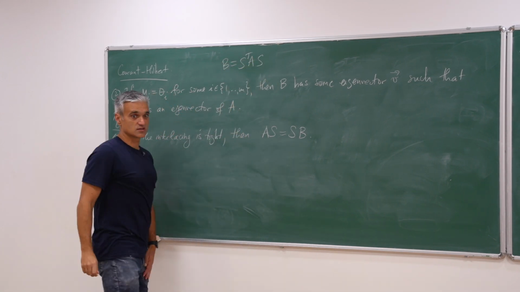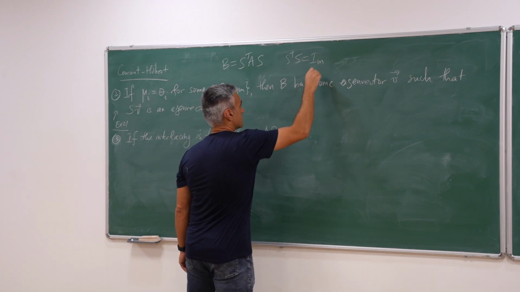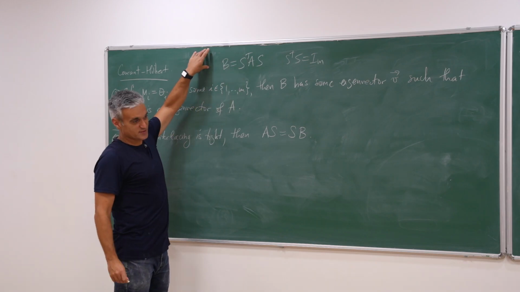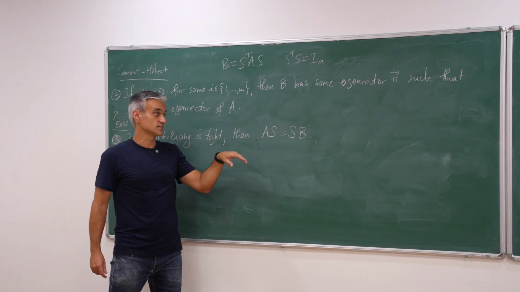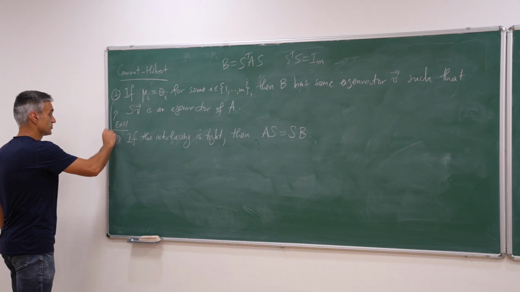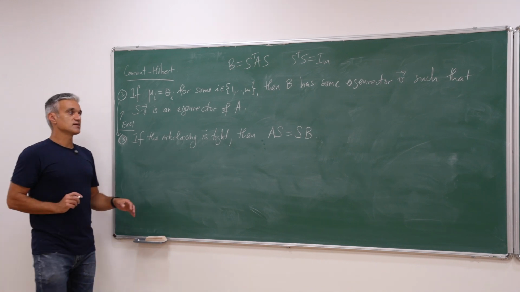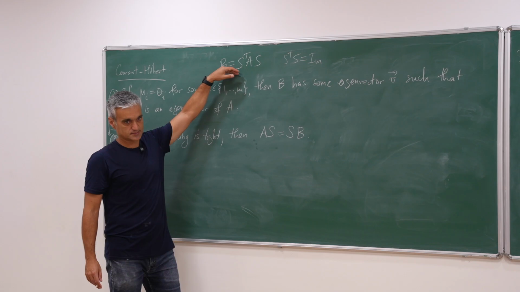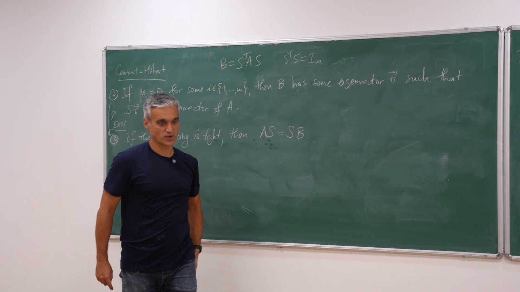We know that S transpose S is I m, but I cannot just take S transpose from here, move it to the left, and get this in general. But if the interlacing is tight, you can actually show that this is the case. So if the interlacing is tight, you have a closer connection, a stronger connection between A and B than this. So clearly this implies this, but this doesn't imply this, okay?